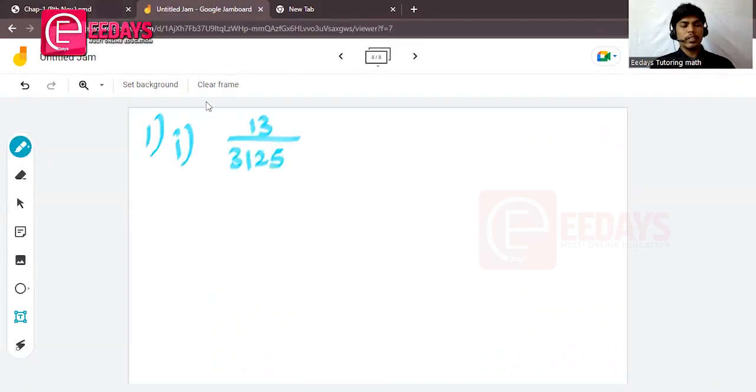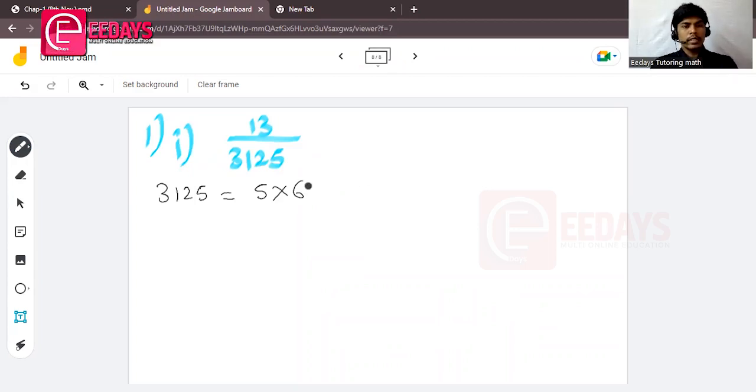First write the prime factors for 3125. So here 5 into 5, and you can do normal division.